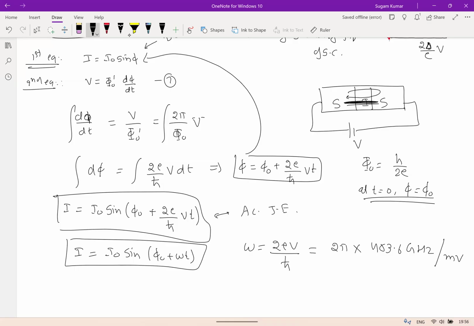So this is the Josephson junction, and this is the current equation which we got. Now, since too much mathematics is needed to discuss here, I have to extend my class today for some more time. Fine.